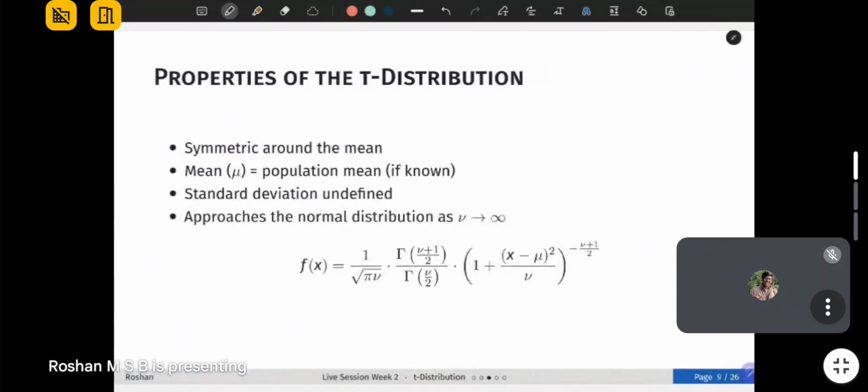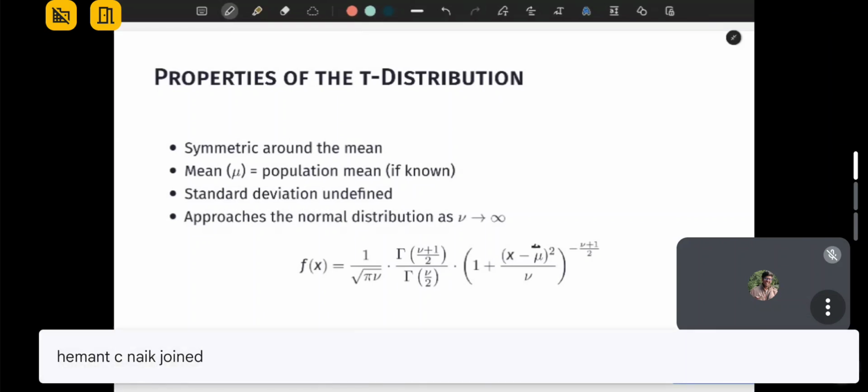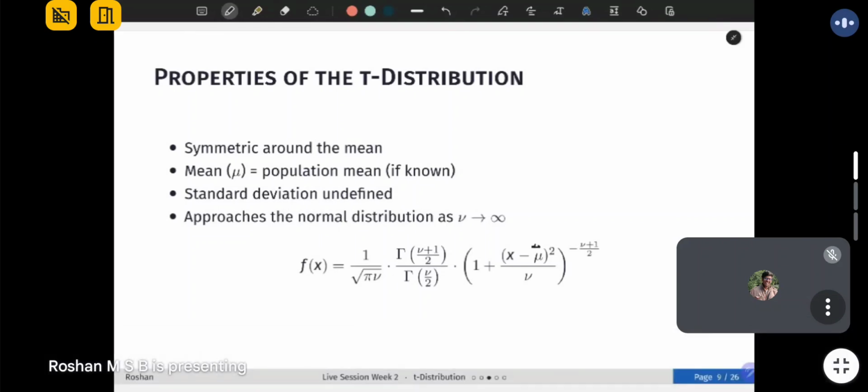Then again, properties of the t distribution. It is again symmetric around the mean. It's again bell shaped, and you have a parameter for mu, the population mean, that is known, and standard deviation. As you can see, there is no sigma in this entire formula because we don't know the population variance.